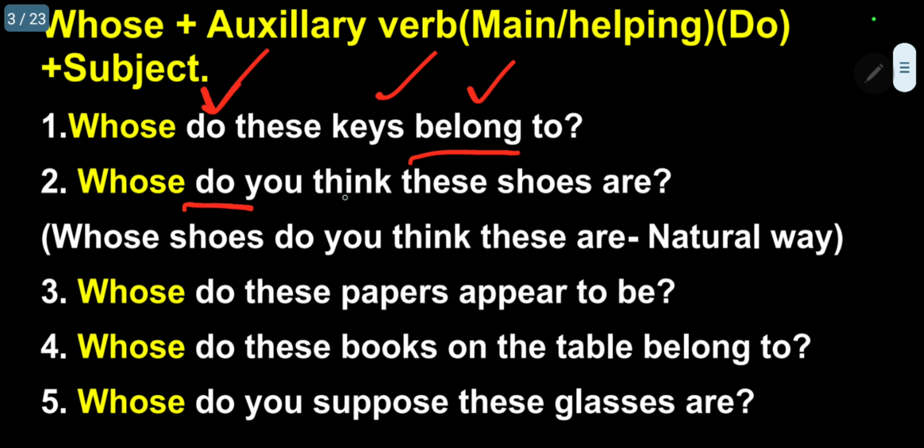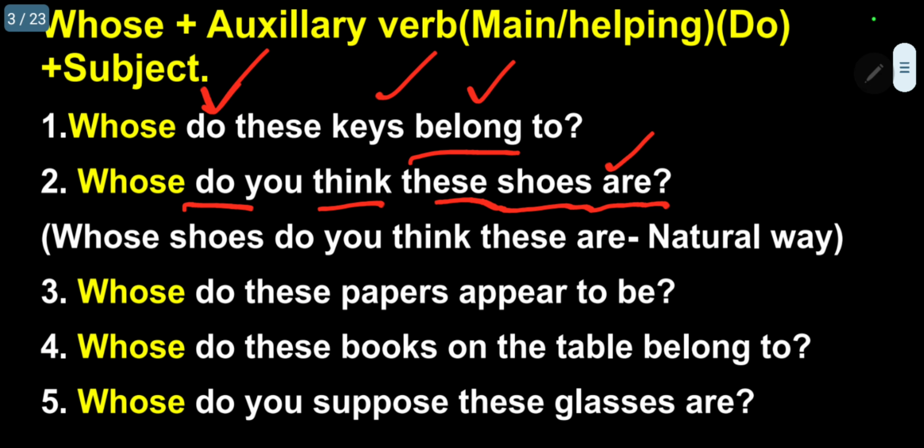Whose do you think these shoes are? Here, do is the auxiliary verb, think is also a main verb, as in whom do you think, but these shoes are is the main verb.